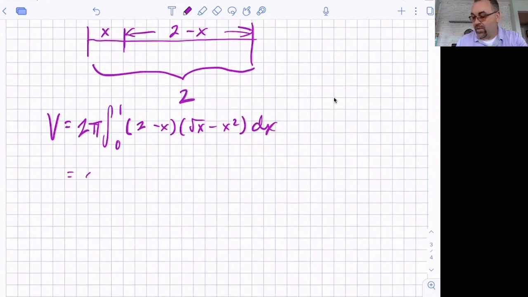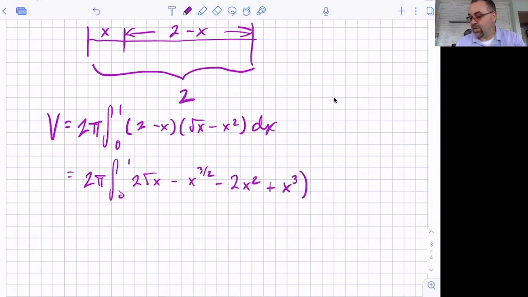We can go on to integrate this. We will probably want to distribute. We're going to get 2 root x minus x to the 3 halves minus 2x squared plus x to the third dx when I multiply that all out.